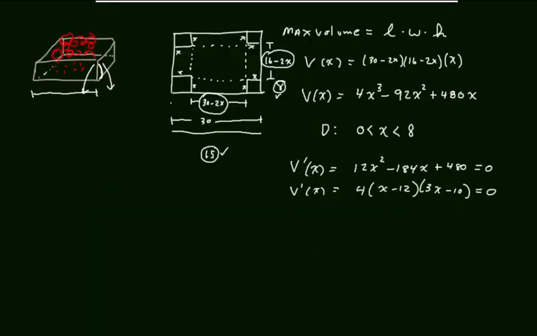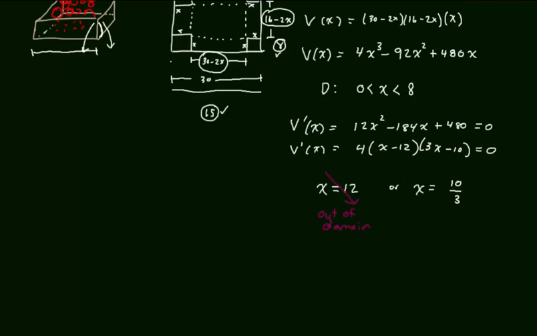This gives us two critical points. x is equal to 12, or x is equal to 10/3. Do you notice something? That x equals 12 is out of the domain, so we don't consider that.